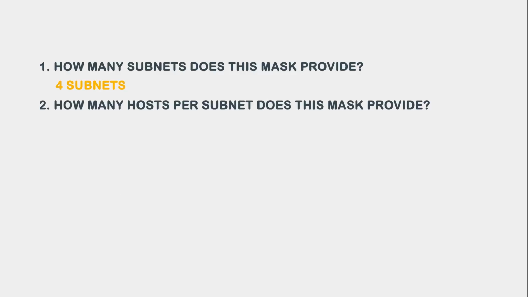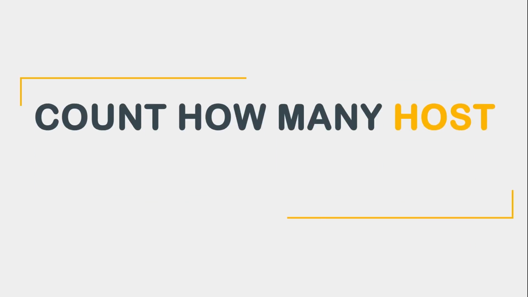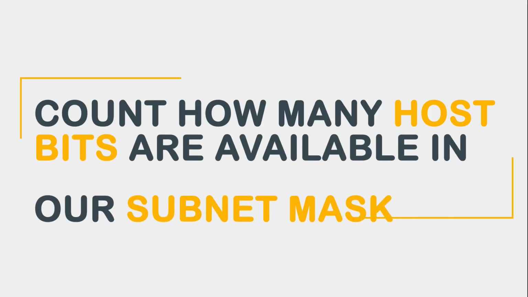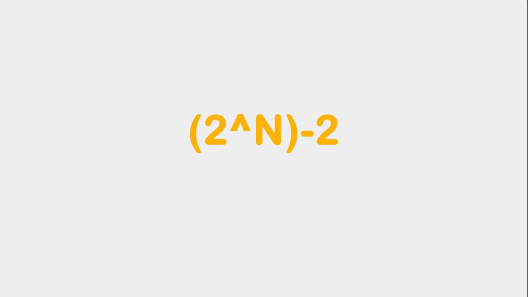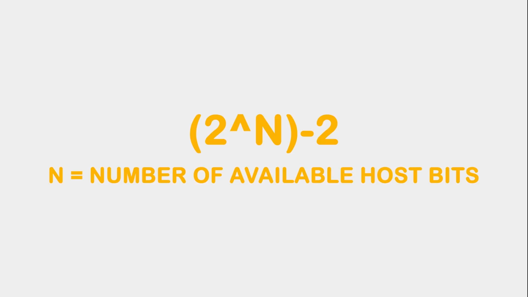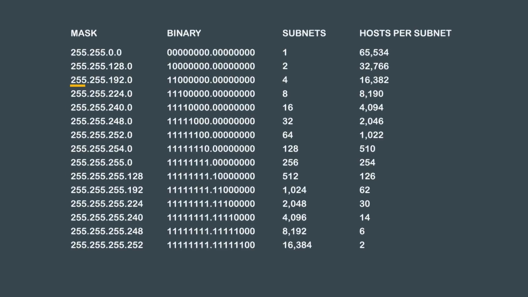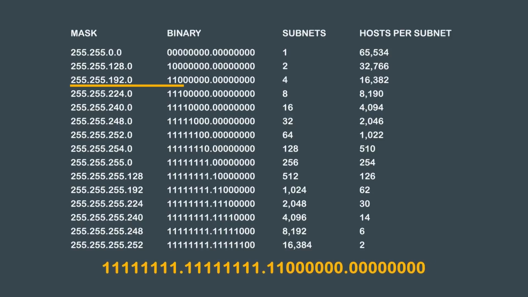Question 2 asks, how many hosts per subnet does this mask provide? To calculate the total number of hosts, we need to count how many host bits are available in our subnet mask. Then we need to apply the 2 to the power of n minus 2 formula, where n equals the number of available host bits. Remember that in this example, our subnet mask is 255.255.192.0, which translated into binary equals all ones, 11 followed by all zeros, and all zeros.